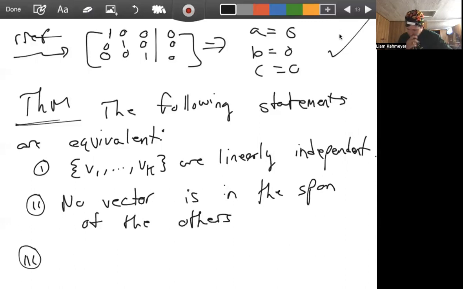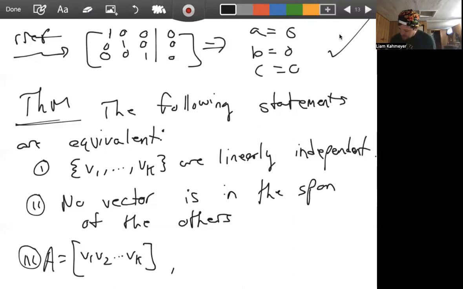And the third statement is that if we set the matrix A to be where each column vector, the ith column, is the ith vector of our collection, so the columns are v1, v2 through vk, then the solution set of AX equals 0 only has the trivial solution.